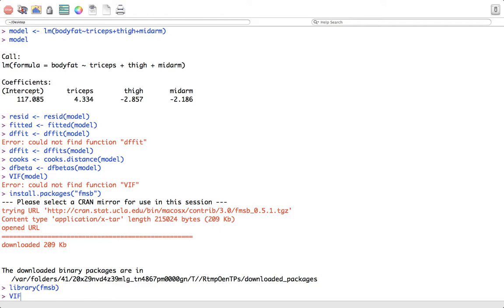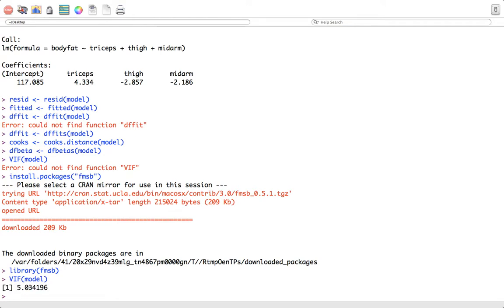Now, it's tempting to go VIF model, but that really doesn't give me much. It gives me 5.03. Remember, variance inflation has to do between the variables. So the first thing that I would want to do is step back before I get into this variance inflation factor stuff. I'd like to look at a new data frame that has my residuals, my fitted, my DF fit, my cooks, my DF beta, and so on and so forth.